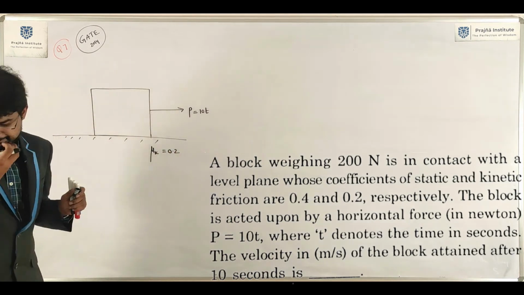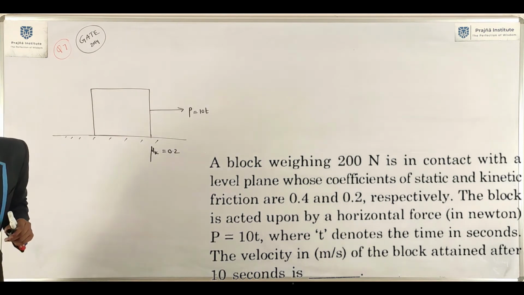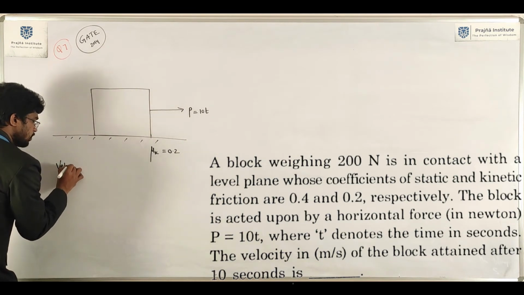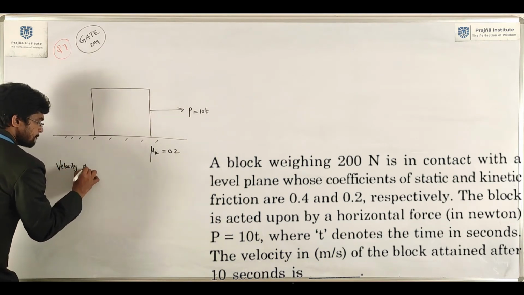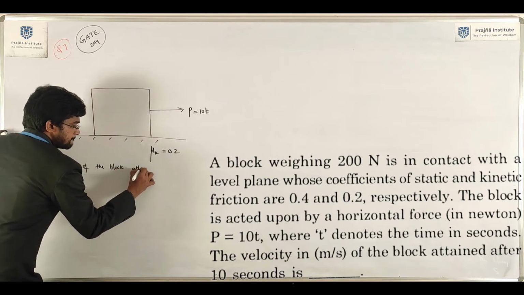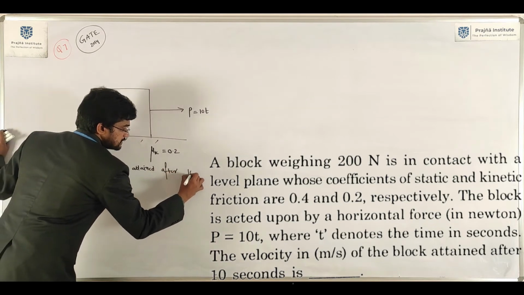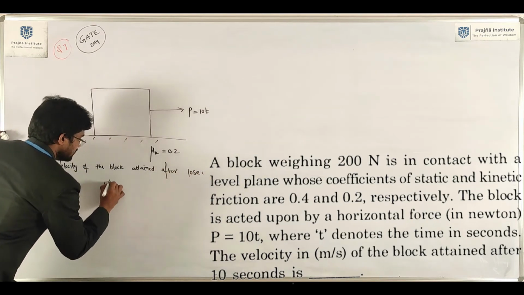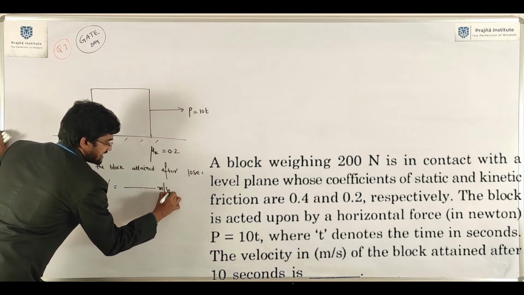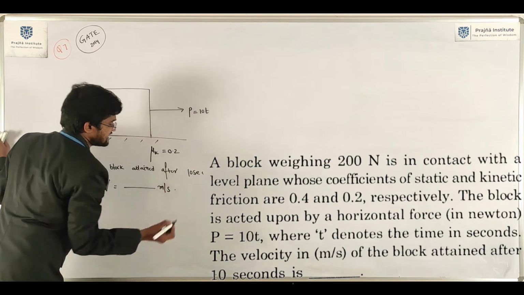What are they asking? The velocity of the block attained after 10 seconds. V equals dash meter per second.